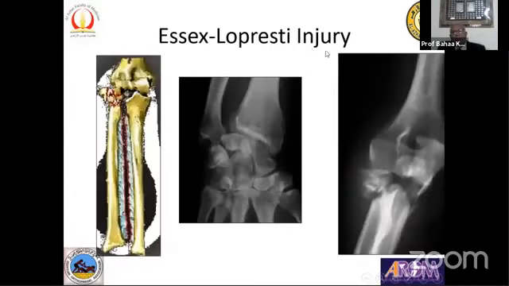This is the Essex-Lopresti injury, which is the main cause of forearm instability. It is a fracture of the radial head with disruption of the interosseous membrane and the distal radio-ulnar joint.